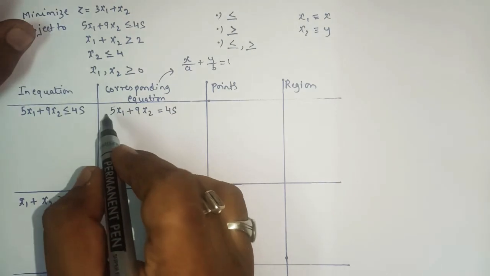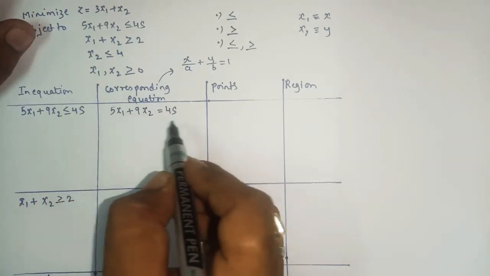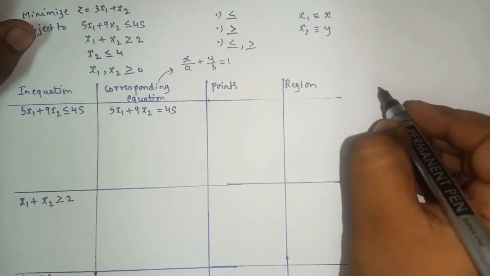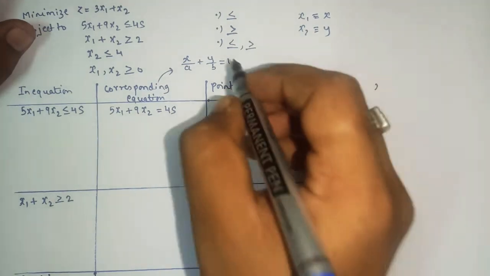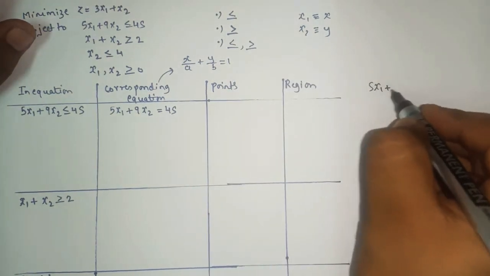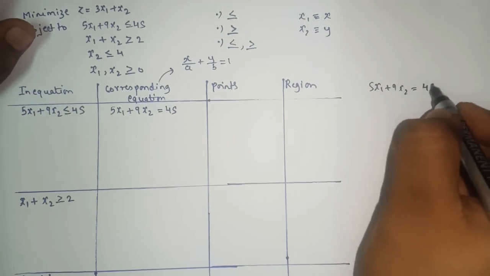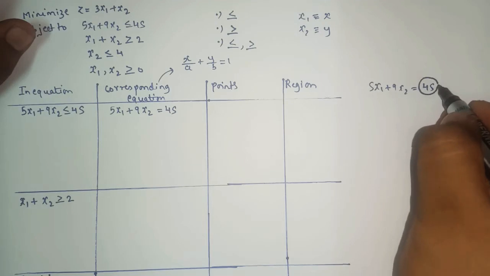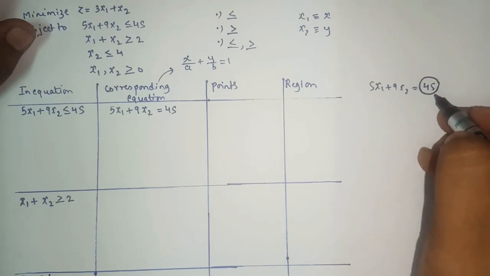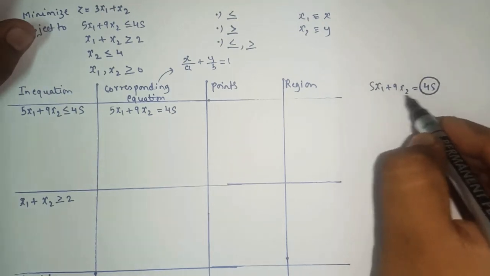As we convert this equation to double intercept form, we have to make the right hand side coefficient 1, so we'll divide each and every term by 45.